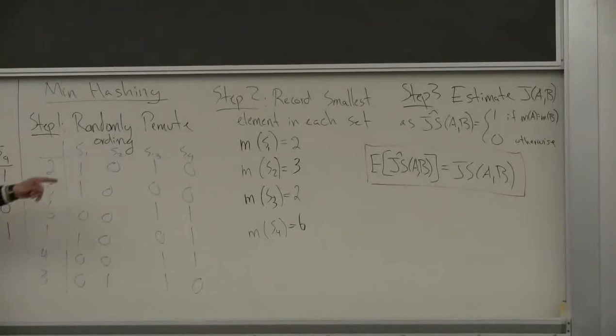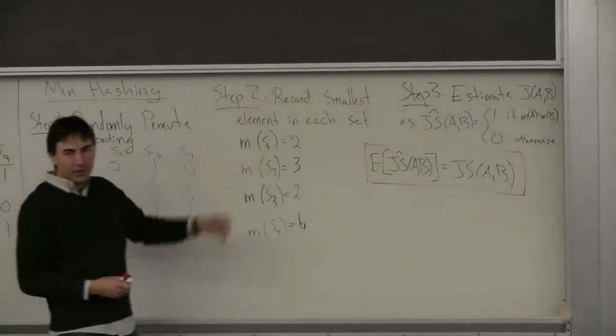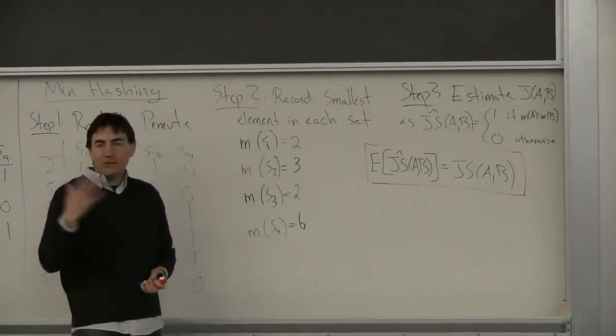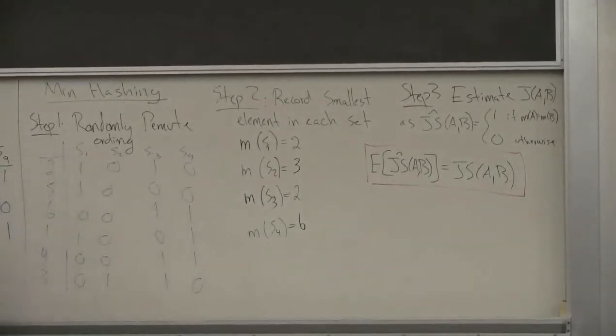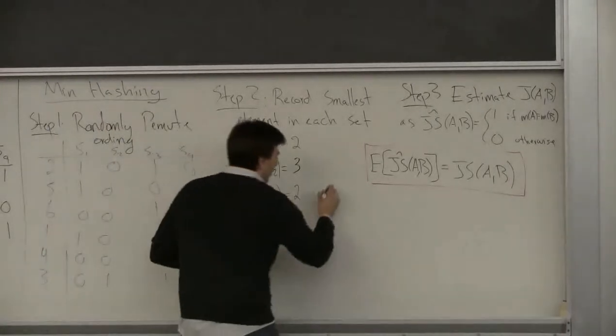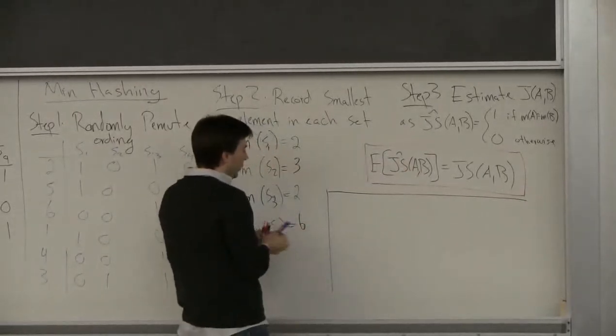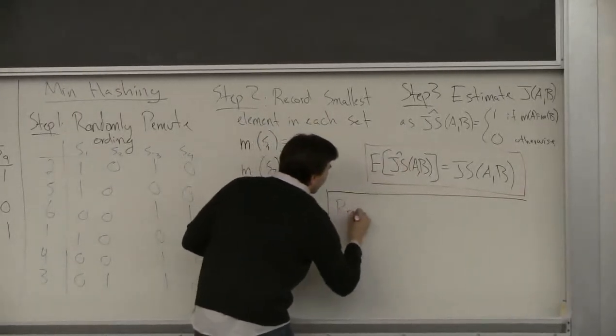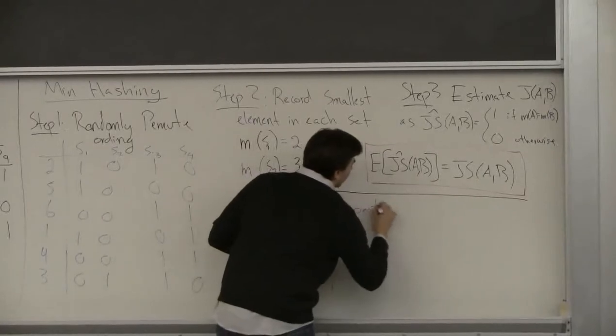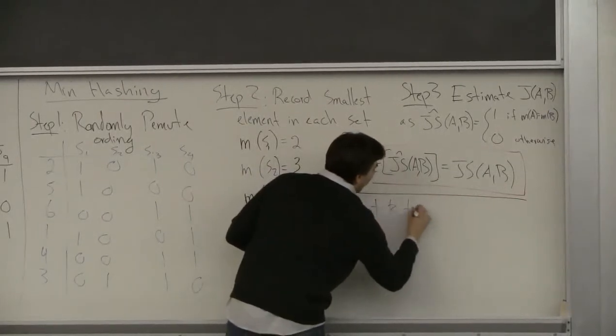And every time we're going to get a 0 or a 1, and then we're going to take the average of these. So then we're going to repeat this k times.